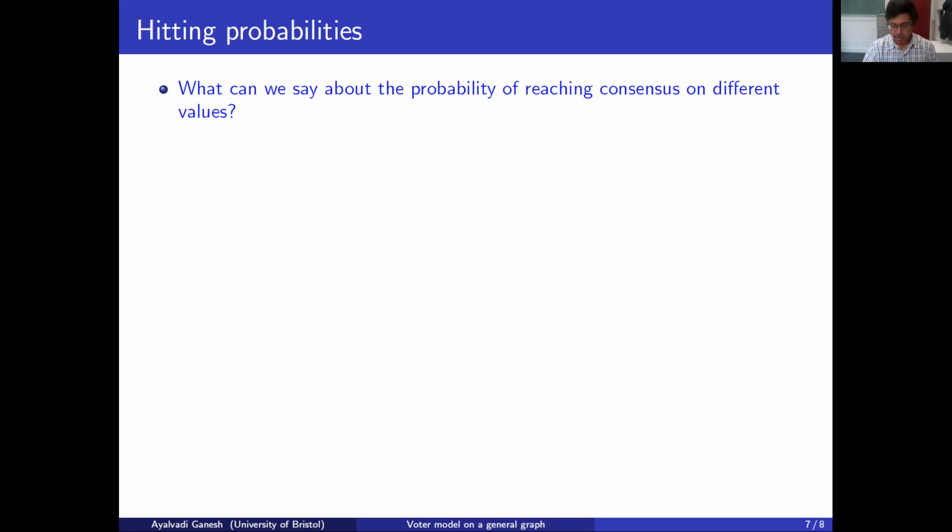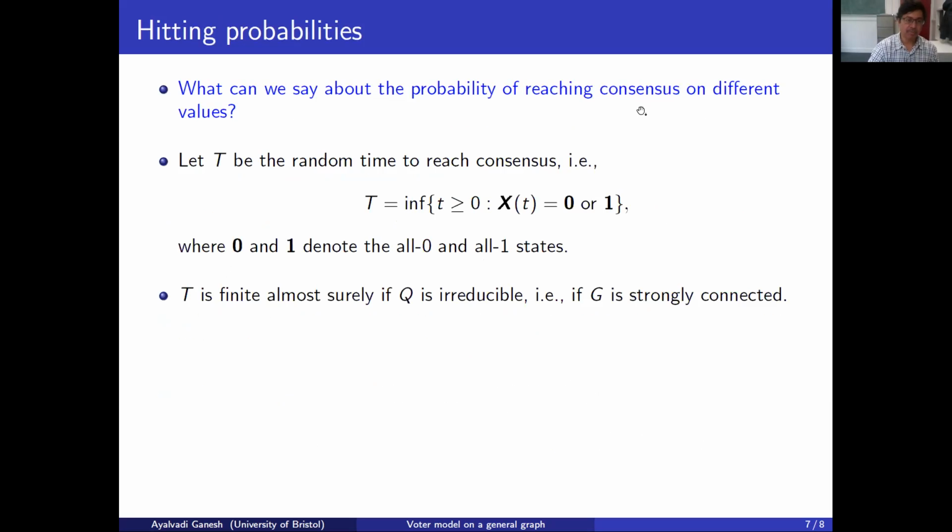Okay, so we worked through those examples. Now let's go back to the question we started out with. What's the probability of reaching consensus, say, on the all one vector?